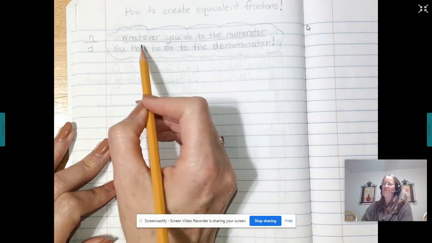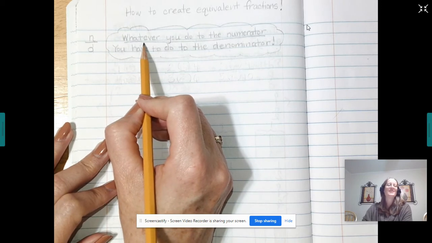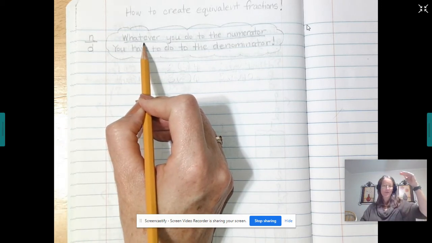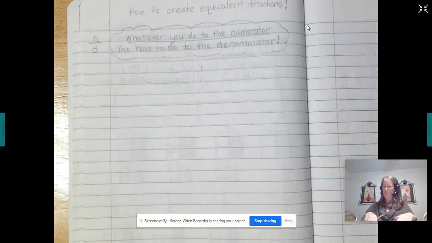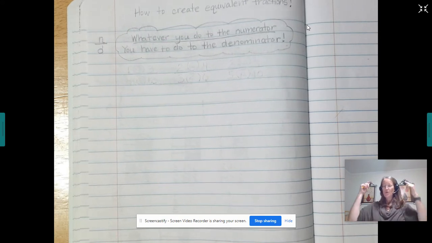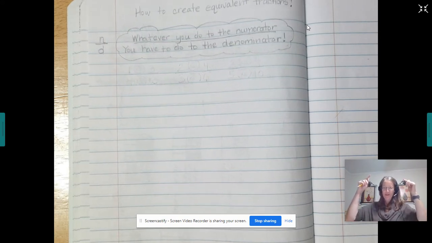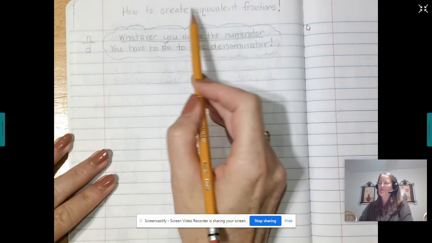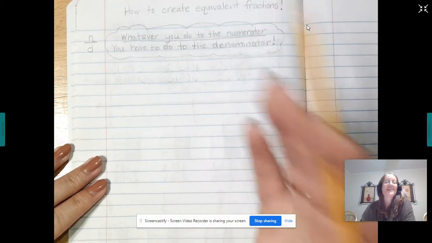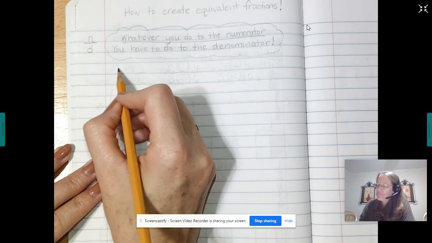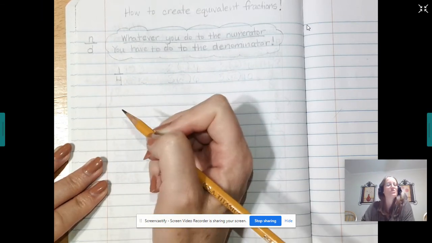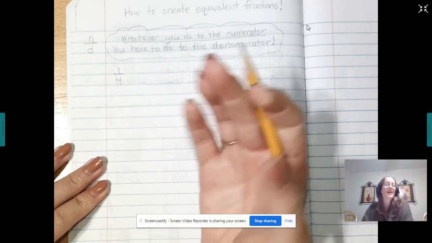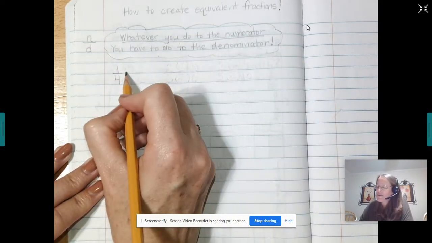So, if we can remember that whatever you do to the numerator, you have to do to the denominator, or whatever you do to the denominator, you have to do to the numerator, you will be able to create equivalent fractions. Here is what I'm talking about. Let's say I have the fraction 1/4 and I want to create an equivalent fraction.